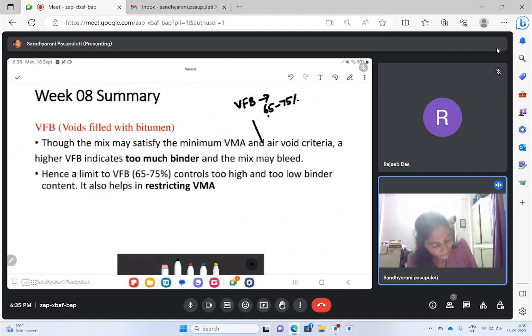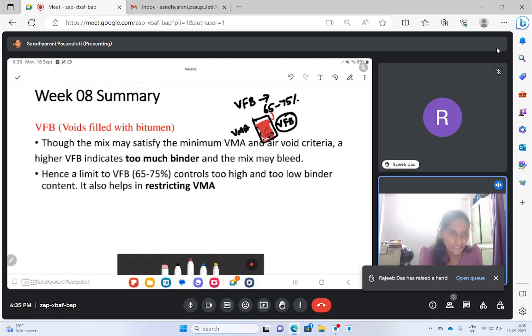That means if I have this much total VMA, maximum 75% of VMA should be filled with bitumen. Beyond that we should not fill. What happens beyond that? If that fills, then most of the VMA will be filled with bitumen and you will have very few air voids and the bitumen would be very high.